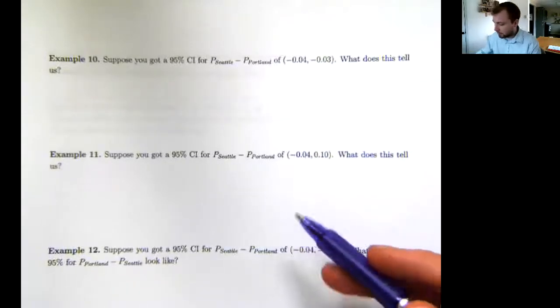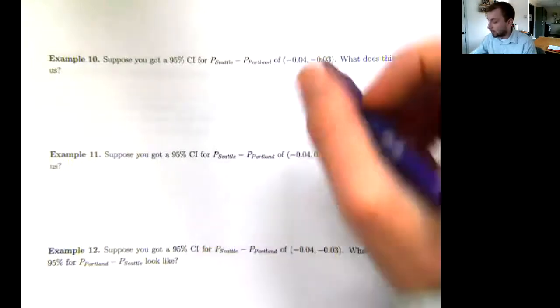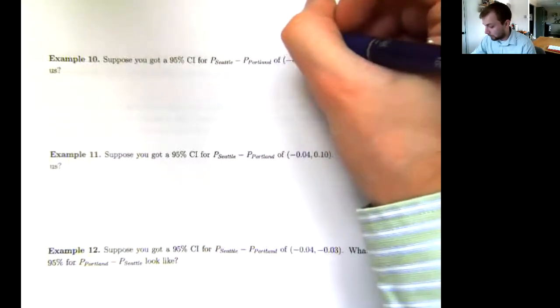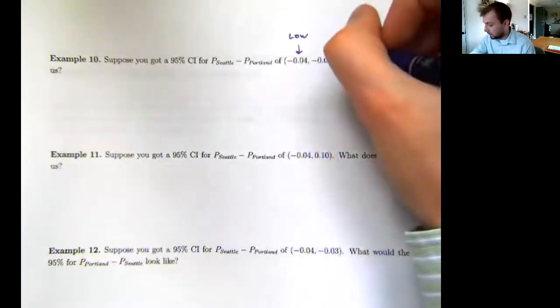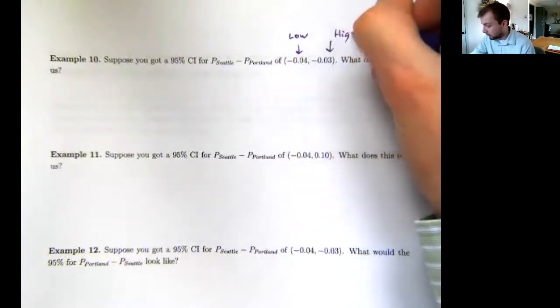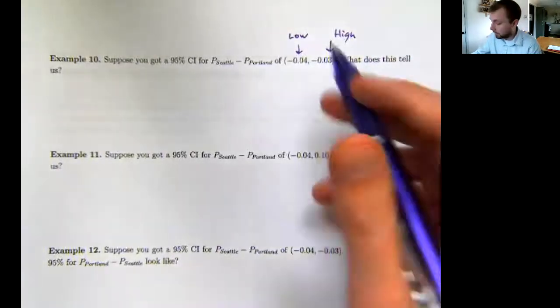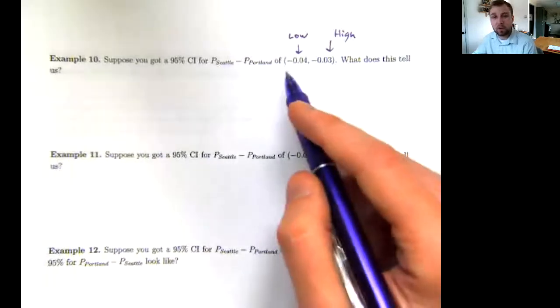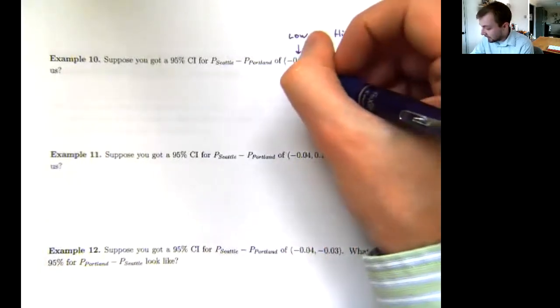So let's suppose I created a confidence interval for Seattle minus Portland, and I got a low value of -4%, and a high value of -3%. Are these positive numbers or negative numbers? Well, this is a negative.